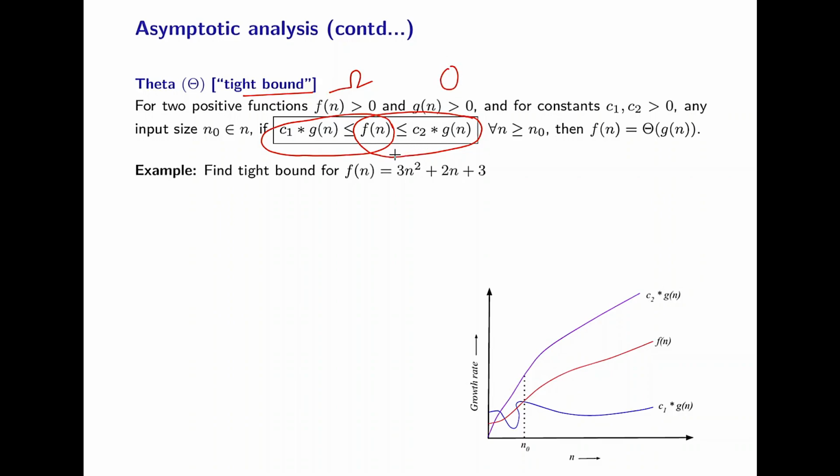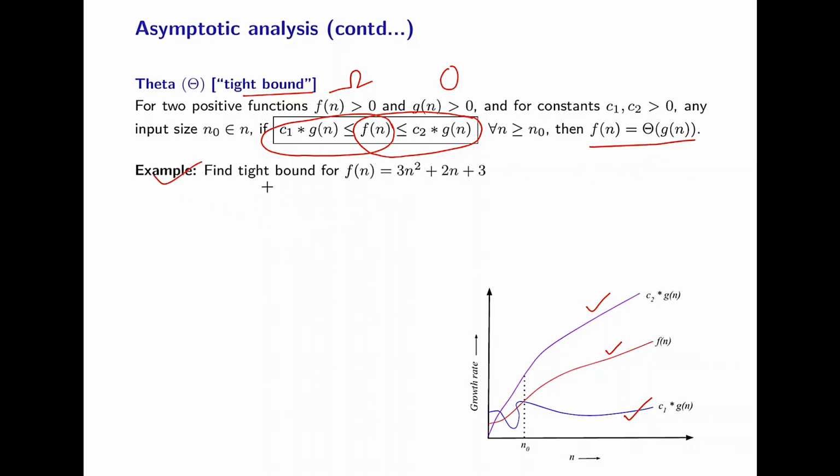So in case of tight bound, the function f(n) grows same as g(n). Here you can see f(n) is sandwiched between C1 into g(n) and C2 into g(n). So if this is satisfied, then we can say that f(n) is equal to theta g(n).